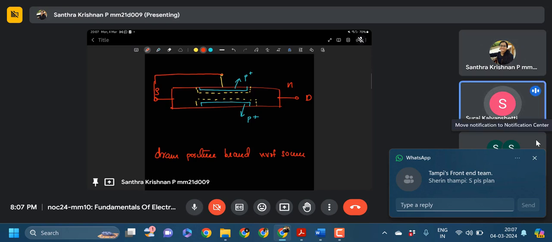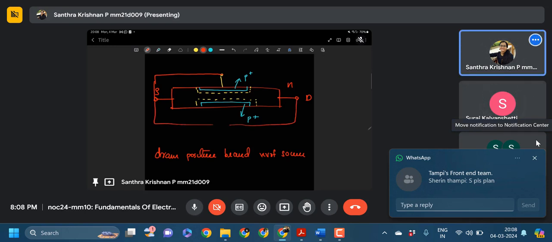Do you want me to tell you what happens with an increase in this voltage? Okay, let me then bias this. This is negative, this is positive. Initially VDS is greater than 0.